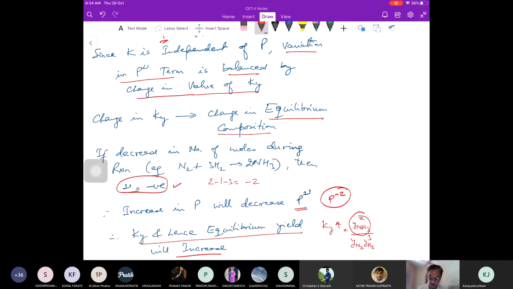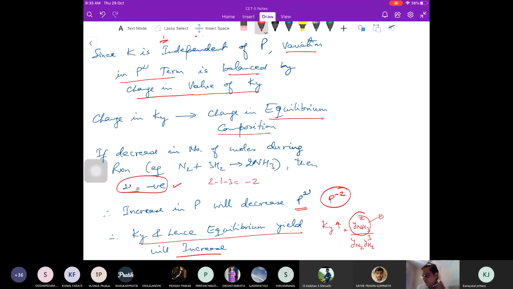That means Ky increase हुआ तो क्या हो जाएगा? Ky is nothing but y ammonia whole square divided by y nitrogen divided by y hydrogen whole cube. So Ky increase हुआ, that means ammonia increase होगा. Any questions on why ammonia concentration will increase when we increase the pressure?